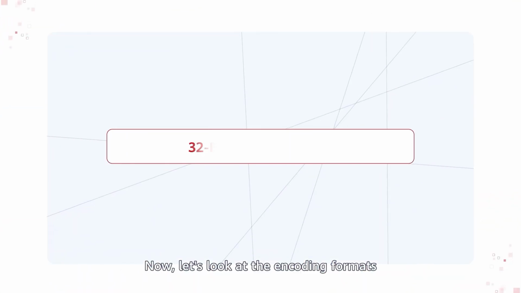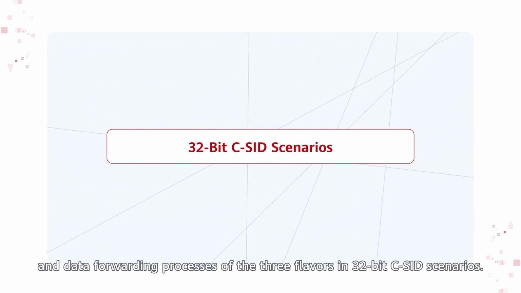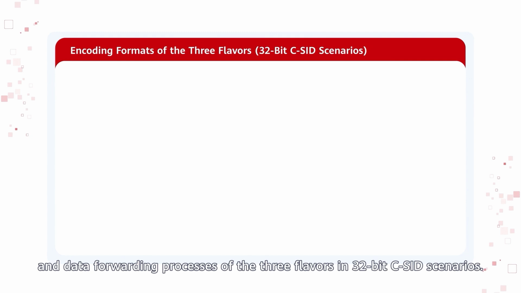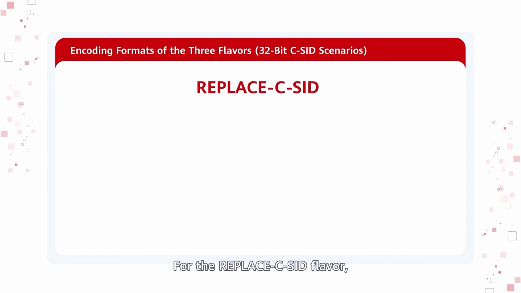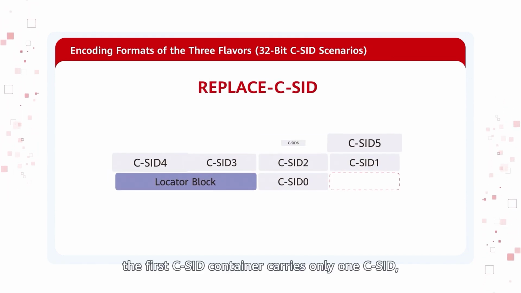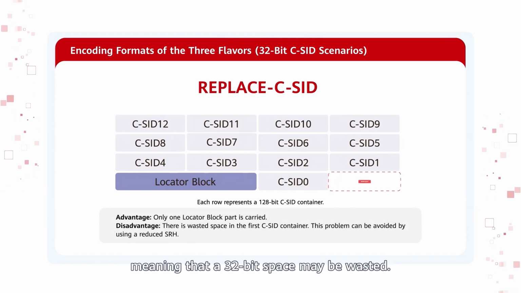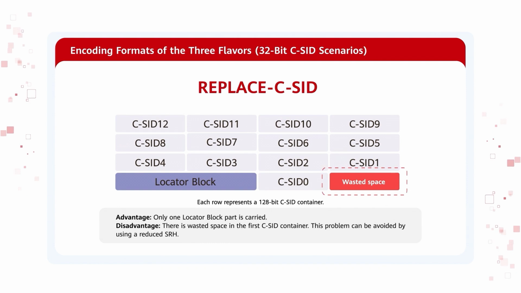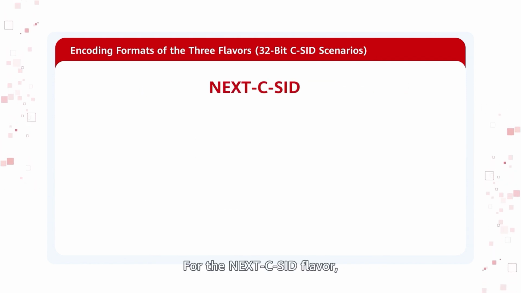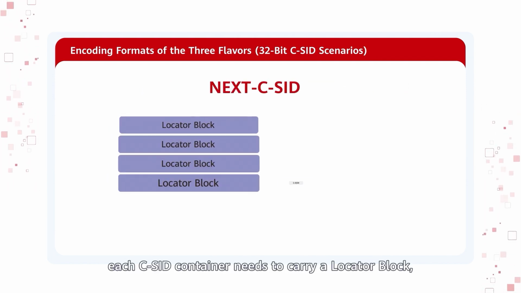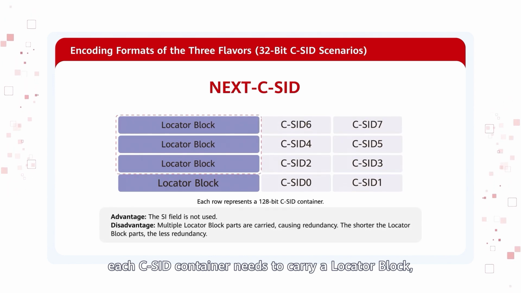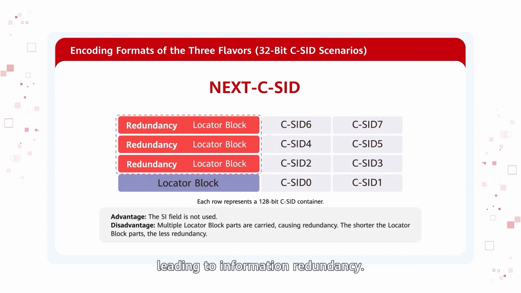Now, let's look at the encoding formats and data forwarding processes of the three flavors in 32-bit C-SID scenarios. For the replace C-SID flavor, the first C-SID container carries only one C-SID, meaning that a 32-bit space may be wasted. For the next C-SID flavor, each C-SID container needs to carry a locator block, leading to information redundancy.